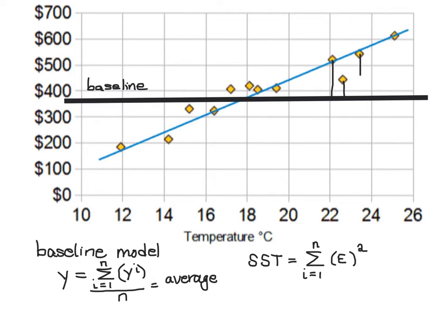So all values above the baseline will yield a positive error, and all values below the baseline will yield a negative error. When we square them, the square will actually be positive. And here we should have an i, indicating it's the error for the ith observation that is being squared.